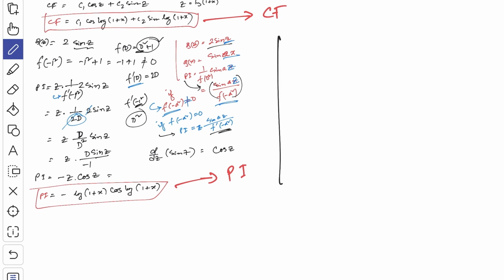Therefore, what will be the solution? So the solution is y is equal to CF plus PI.